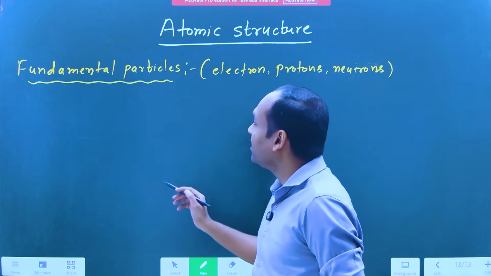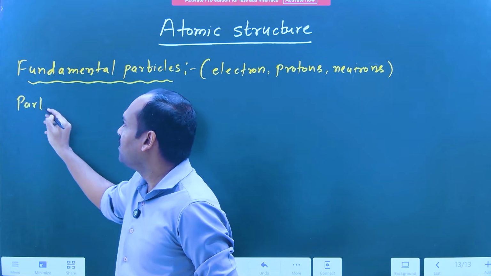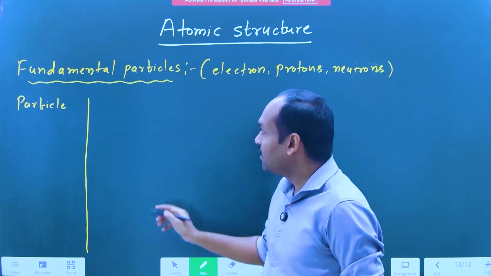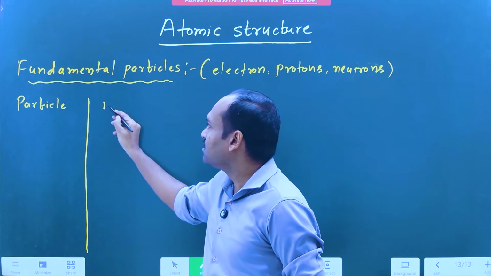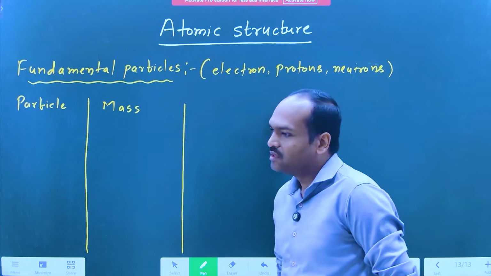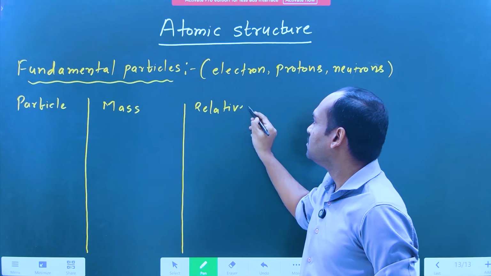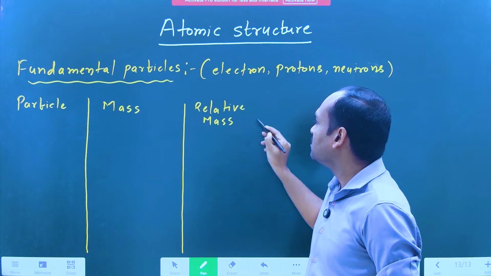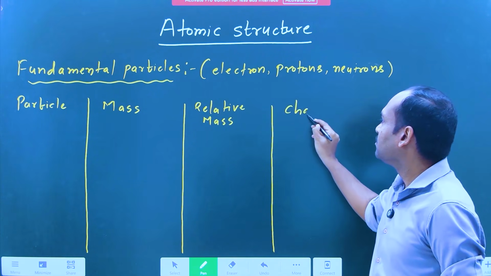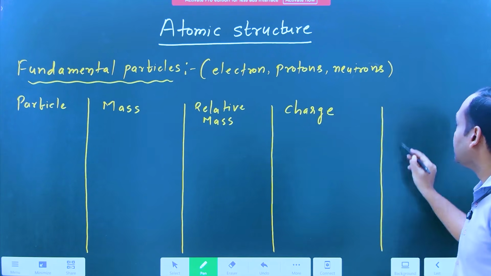Okay, so I am drawing a table. Here we will write the particle, then its mass, then relative mass in AMU, then charge, and discovered by.